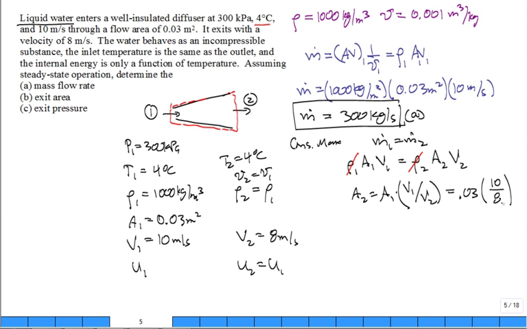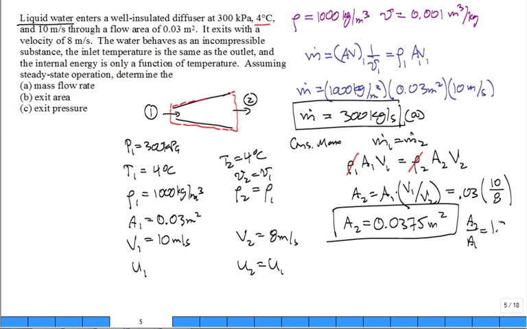The units cancel, and we get left that A2 is equal to 0.0375 meters squared. Notice that if I left it as a ratio, area 2 over area 1 is, I think, 1.25. This is a 25% increase in the area flowing through the system.